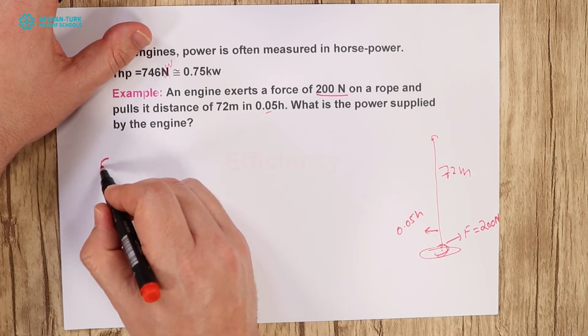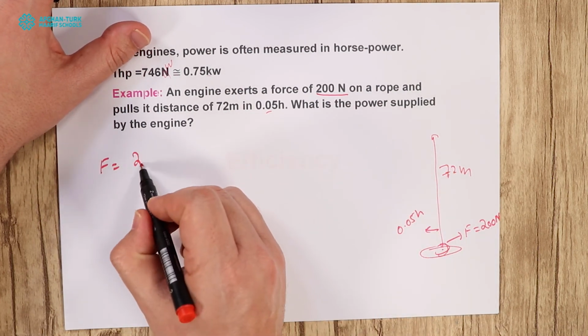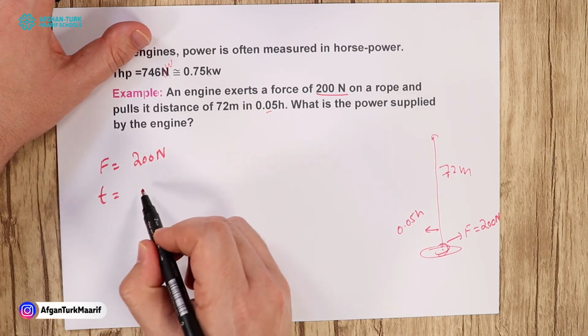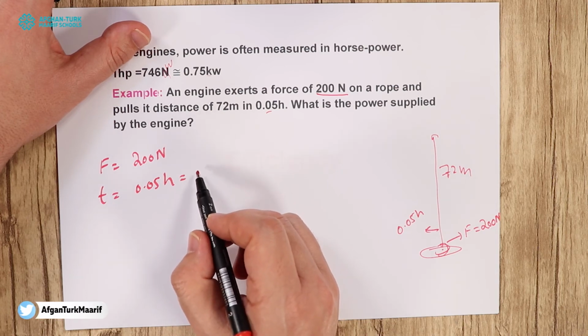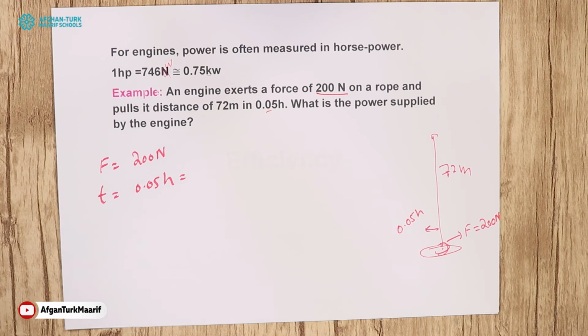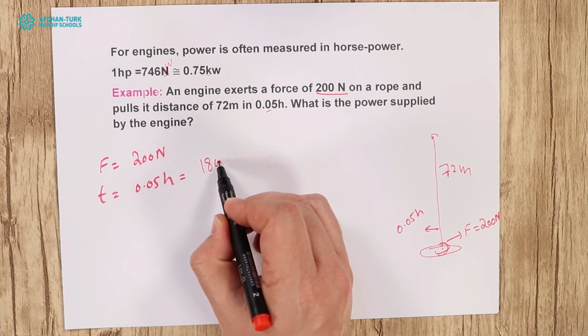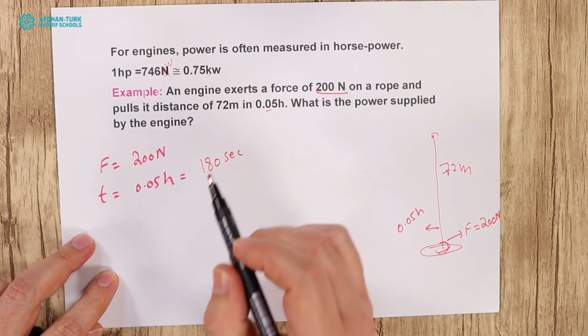We know that F is equal to 200 Newton. Time is 0.05 hour, and let me convert the hour into seconds: 3600 multiplied by 0.05 is equal to 180 seconds.